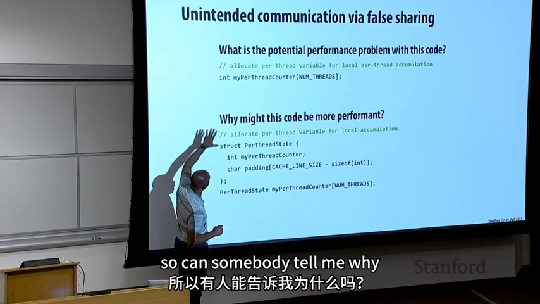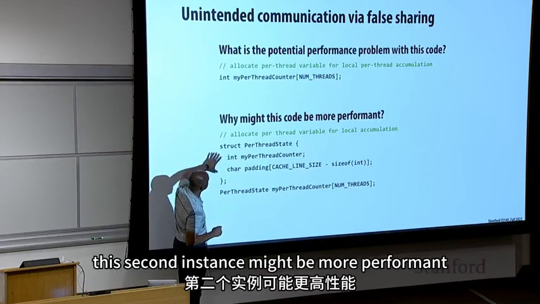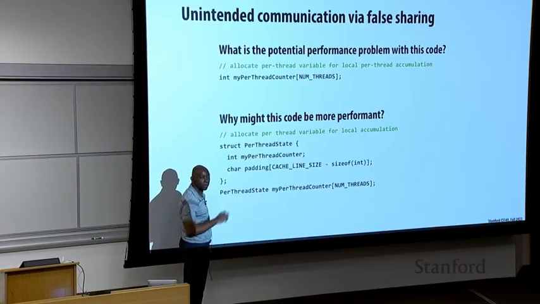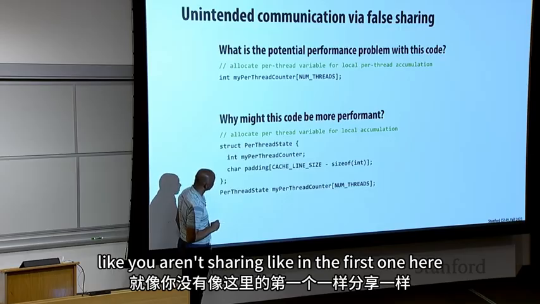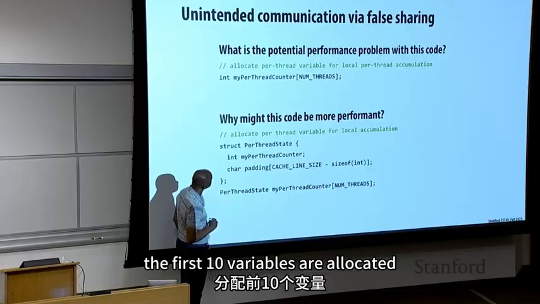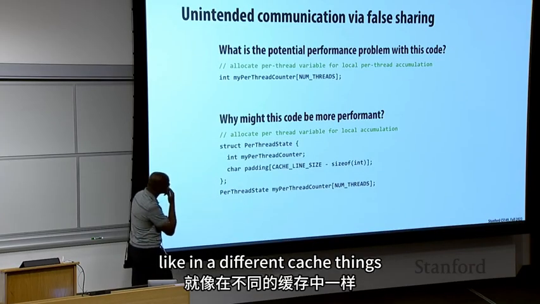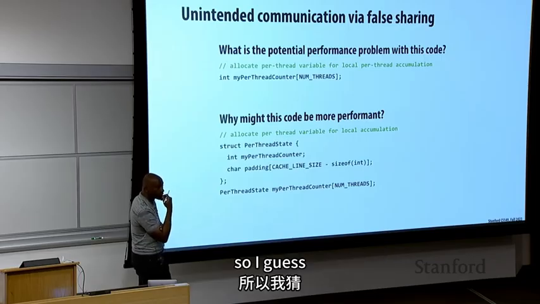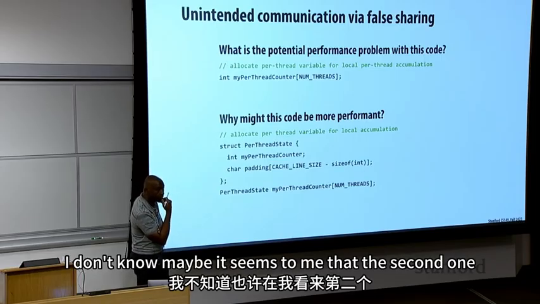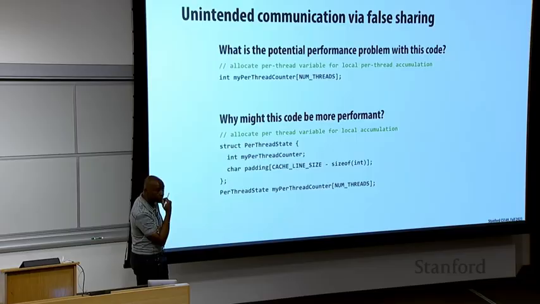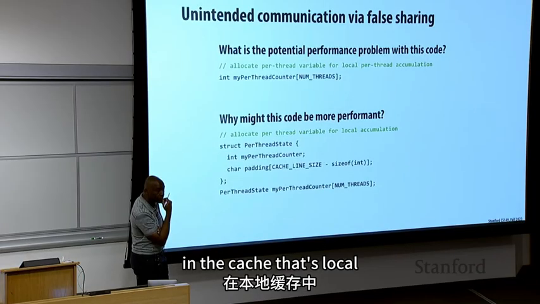So can somebody tell me why this second instance might be more performant? Yeah. I mean, the data will be local to each process. What data will be local to each process? Like, you're not sharing, like in the first one, the first variables are allocated in a different cache, and so it seems to me that the second one would be in the cache that's local for each process.